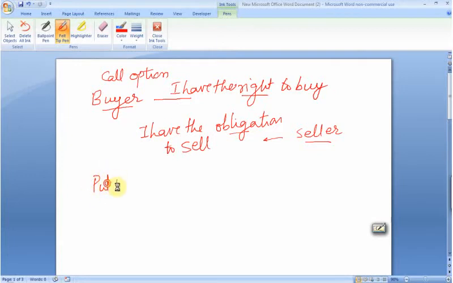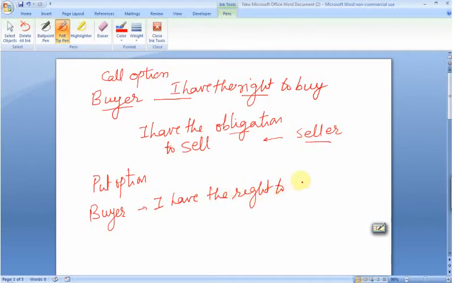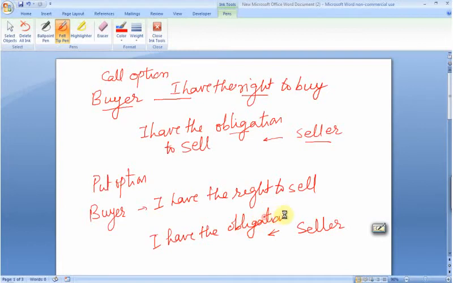Similarly, in the case of a put option, there's a buyer who says, I have the right to sell it to you. And where does it leave the seller? It says, okay, if you decide to do so, I have the obligation to buy.